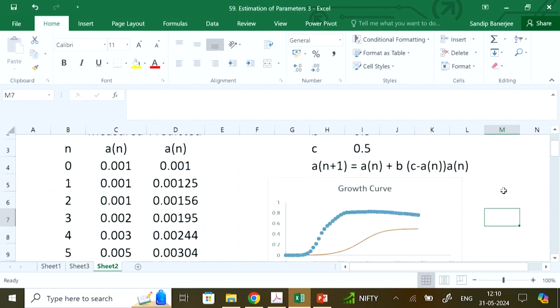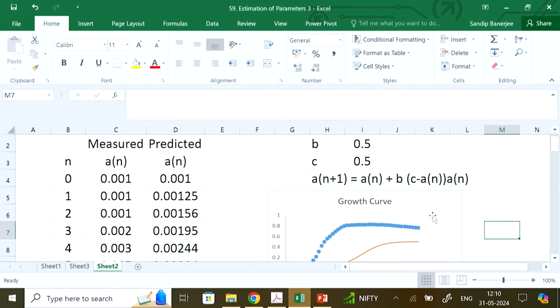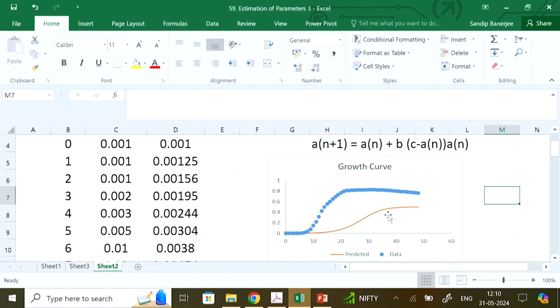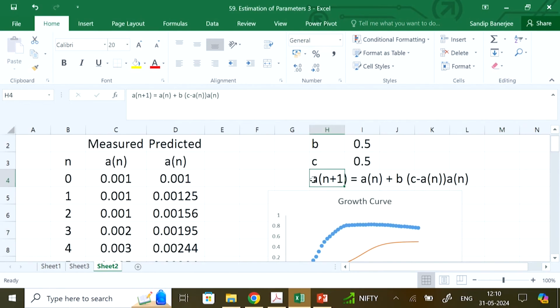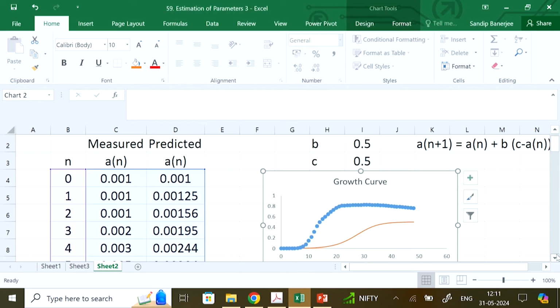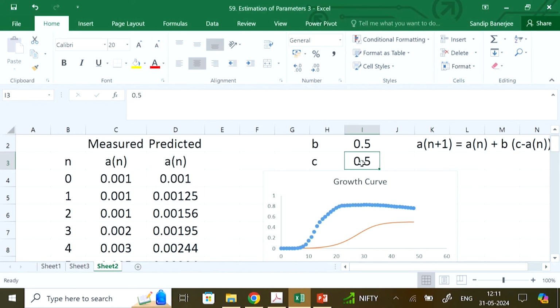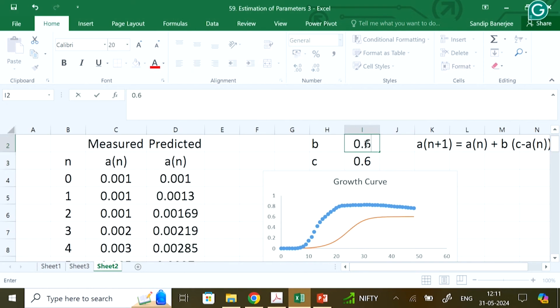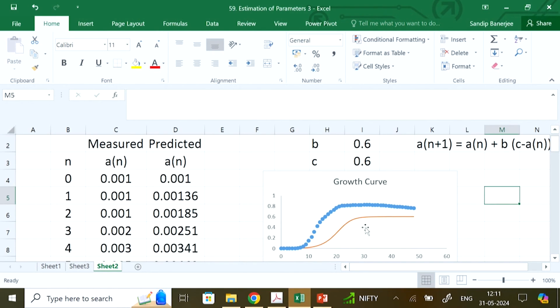So once I change these values to 0.5 and 5, I see this curve is going up. Let me remove this one so that you can have a look here. Yeah. So 0.6, it's again moving up, again 0.6. So slowly you can see that if I adjust it, I can bring it somewhere here.